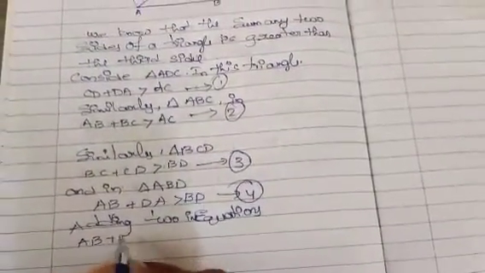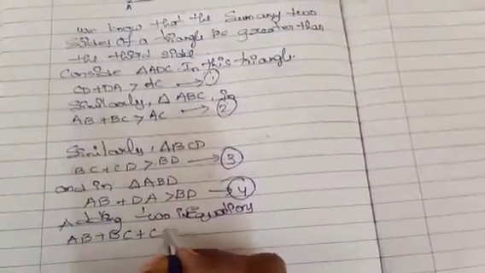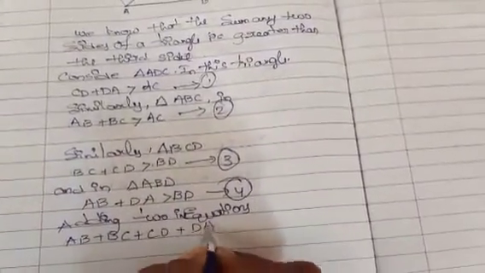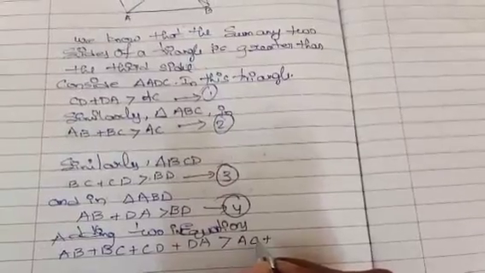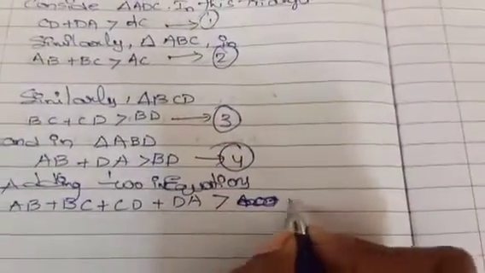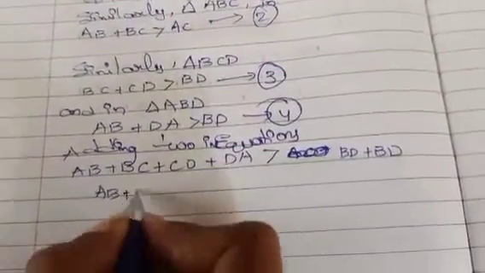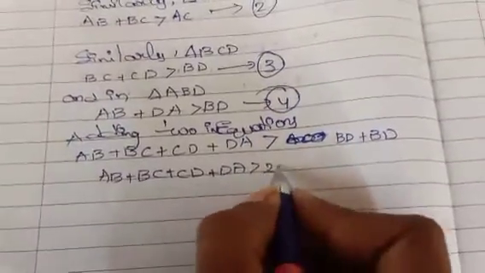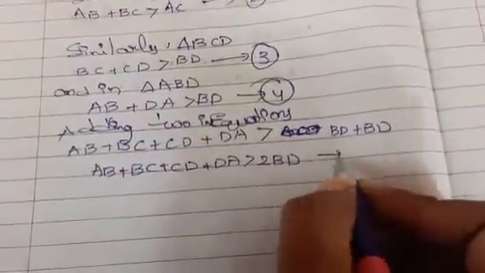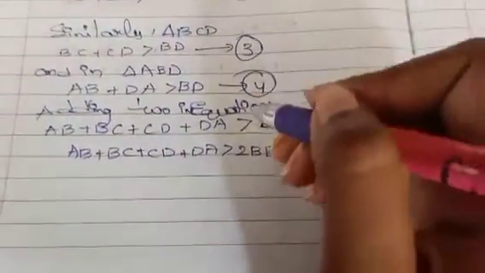AB plus BC plus CD plus DA greater than BD plus BD. And what will come? AB plus BC plus CD plus DA greater than 2BD. Okay, this is one of the equations. Now 3 and 4 we added.